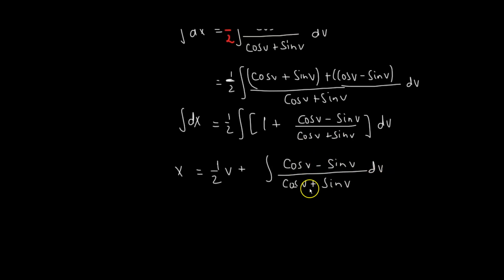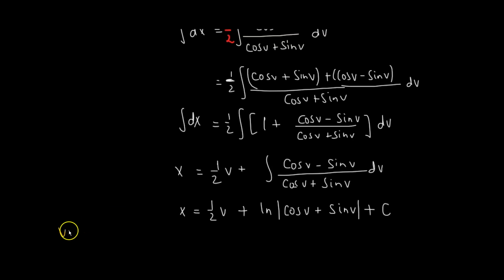Here we can use the method of substitution, and if we let the denominator cosine of v plus sine of v equal t, then we will get the numerator cosine v minus sine v dv. So that means our answer will be natural log of the denominator, that's cosine v plus sine v, plus the constant of integration c.